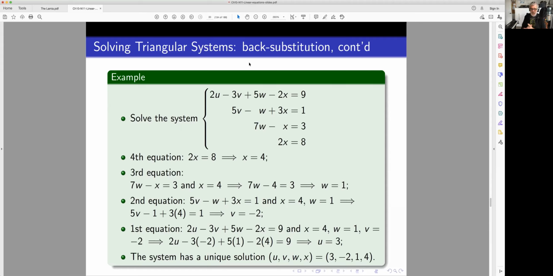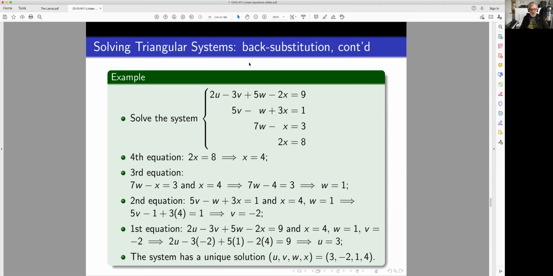The strategy is to transform our system into a triangular system, and then use back substitution to solve the triangular system.